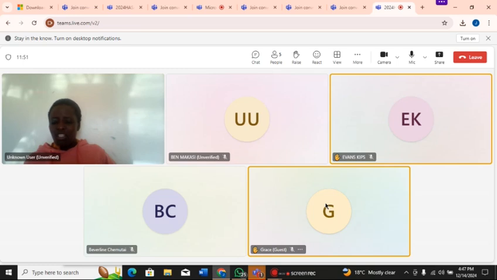How about liquids? The characteristics of liquids? Evans, tell us one. Grace? Okay, we can say that they have volume. Also, we can say that they take the shape of the container.